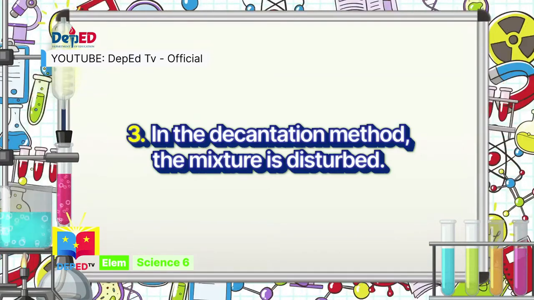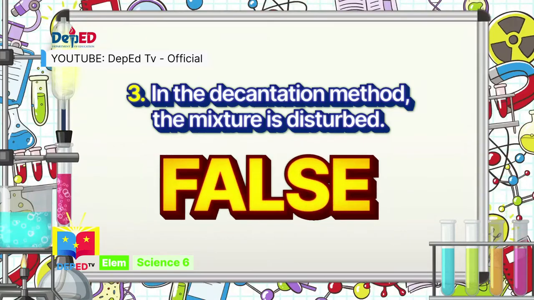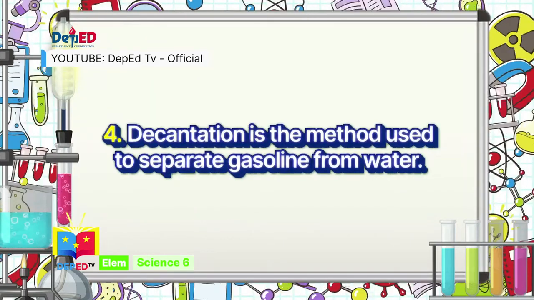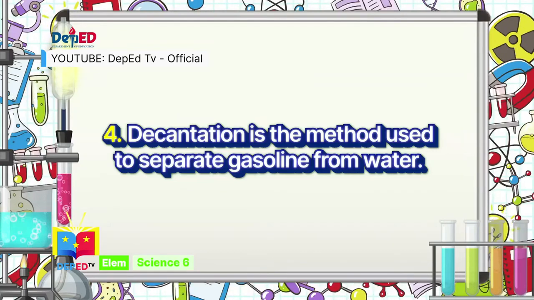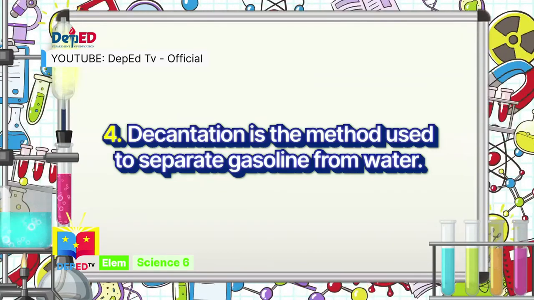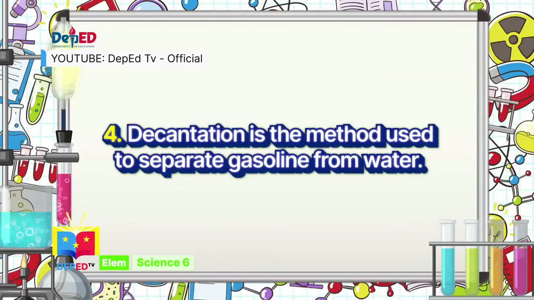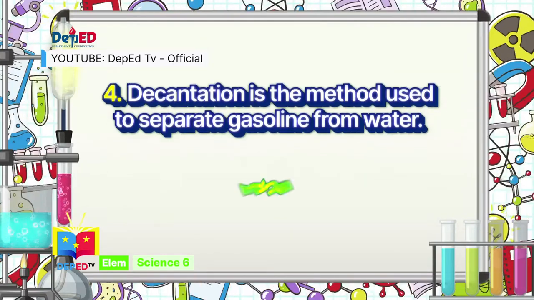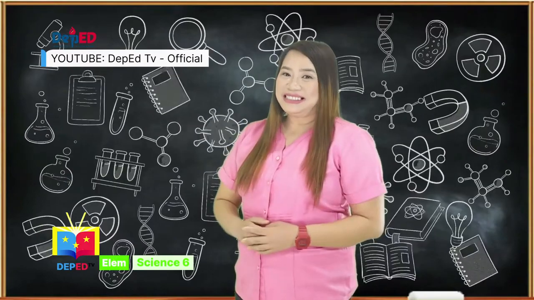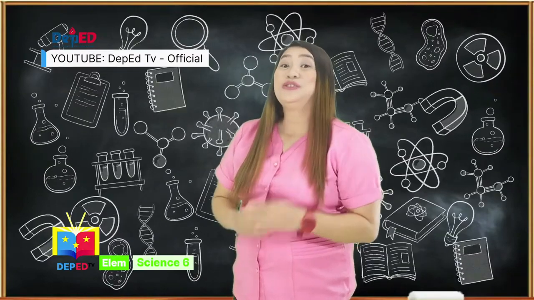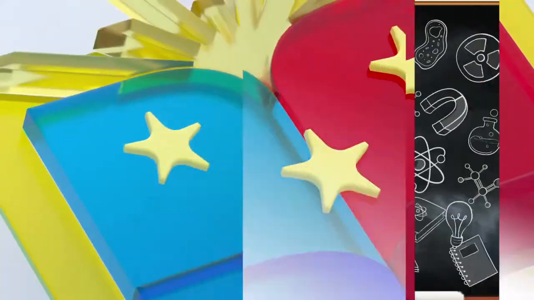The correct answer is false. Number 4. Decantation is the method used to separate gasoline from water. The correct answer is true. Well done, science-minded learners! I'm happy that you got the correct answers.